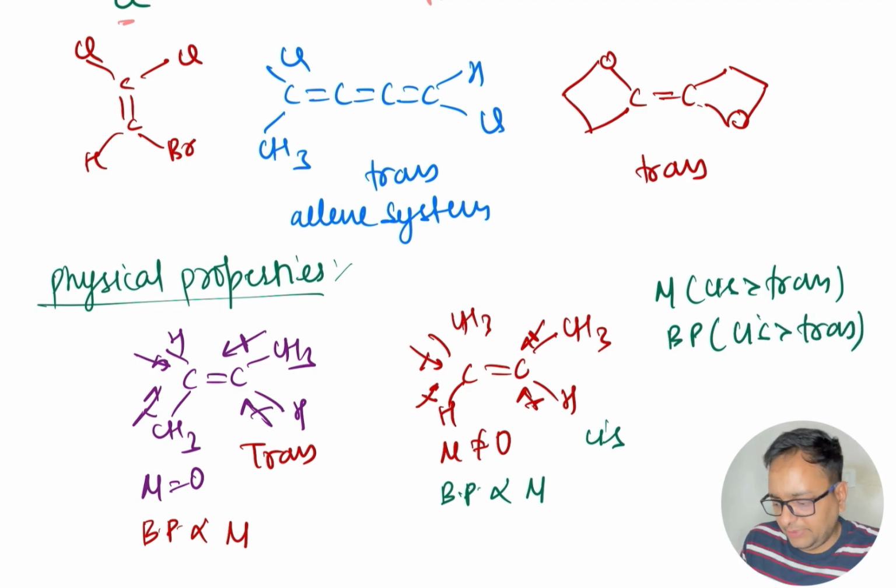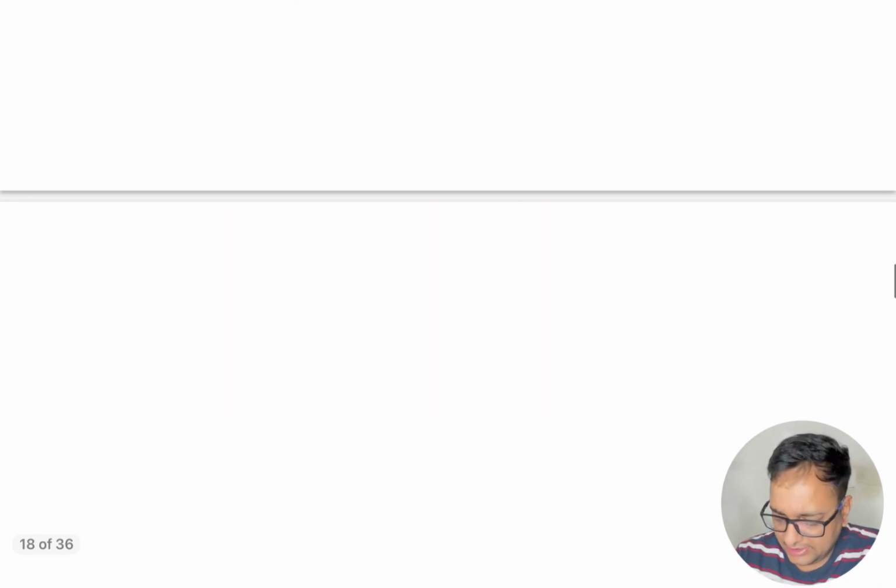The greater the value of dipole moment, the greater the boiling point, because dipole moment gives polarity to the molecule and it attracts the different molecules. If molecules are attracting each other, then the probability of a molecule going above the surface decreases, so the boiling point increases. So the boiling point of cis is greater than the boiling point of trans.